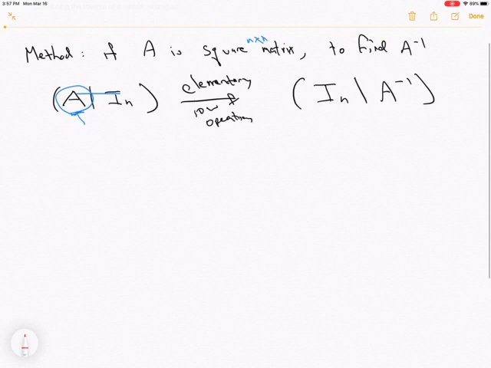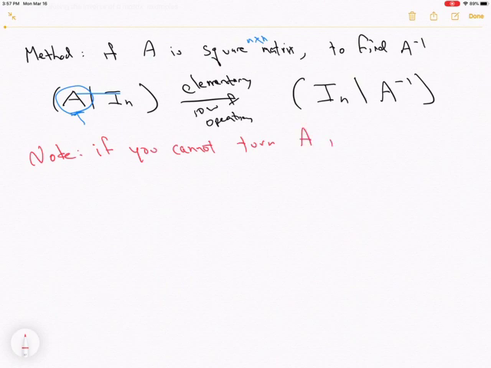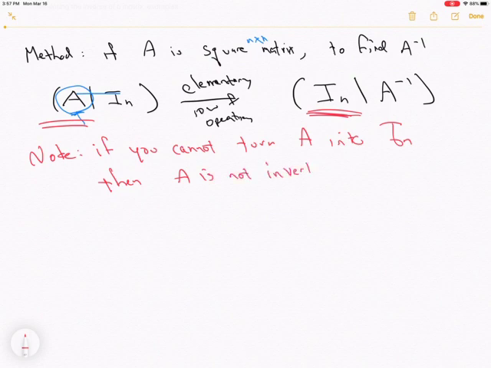There's an important note, though: if you cannot turn A into I_n, in other words, if you can't do these row operations on A so that the left-hand side of this giant matrix, which has an A, turns into the identity, if you cannot do this, then that means that A is not invertible.